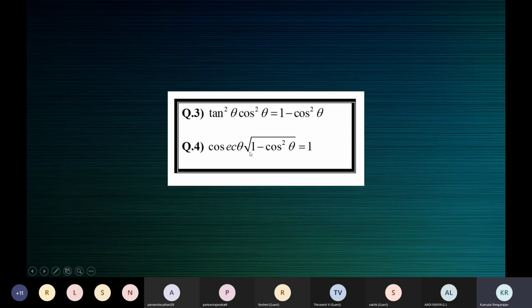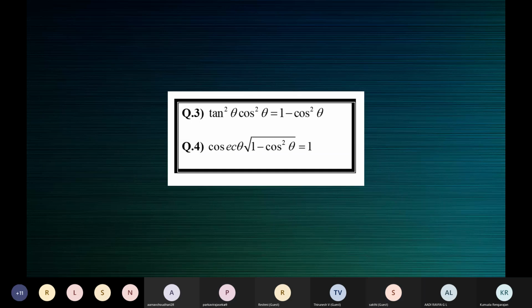Yeah, tell me the fourth one. We'll wind up with this one. What is root of 1 minus cos square theta? Root sin square theta. Yes, root sin square theta. And what is root sin square theta?